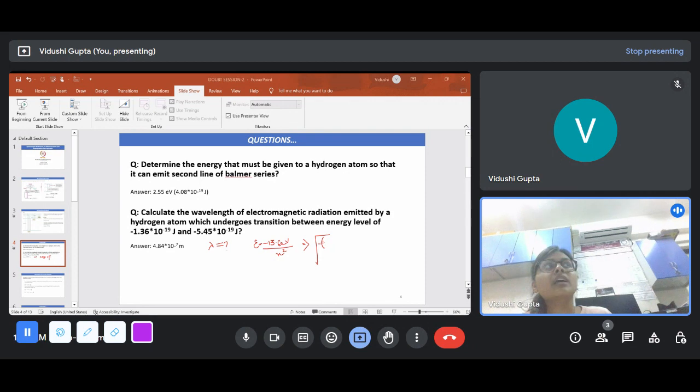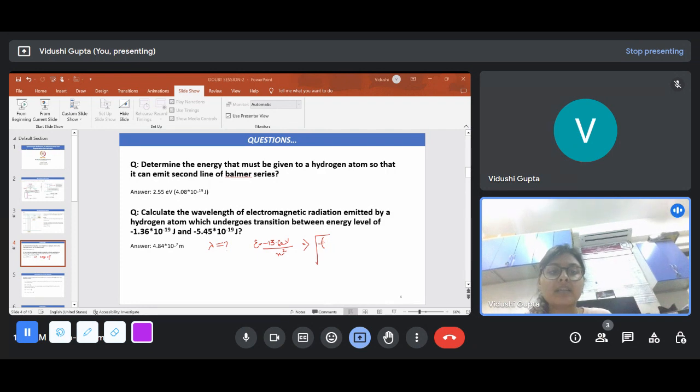Now moving to the second question. Position of a chloride ion on a material can be determined to a maximum error of 1 micrometer. If the mass of chloride is 5.86 into 10 minus 26 kg, what will be the error in its velocity measurement? So when this mass is given, position is also given, we have to calculate for the velocity.